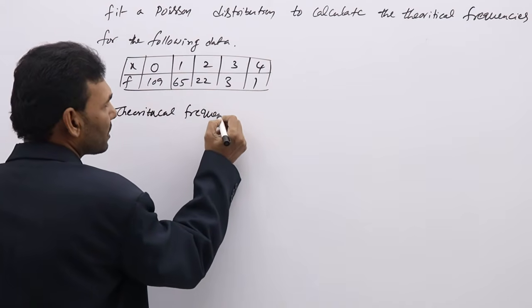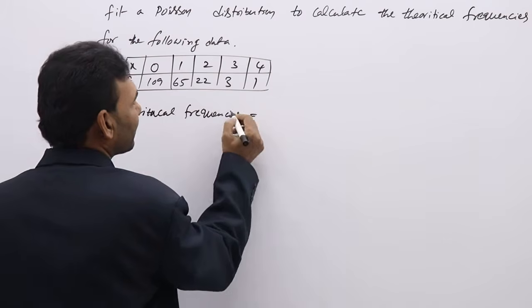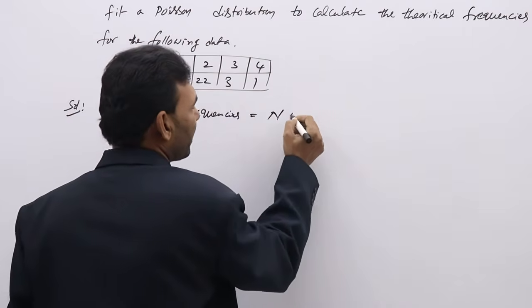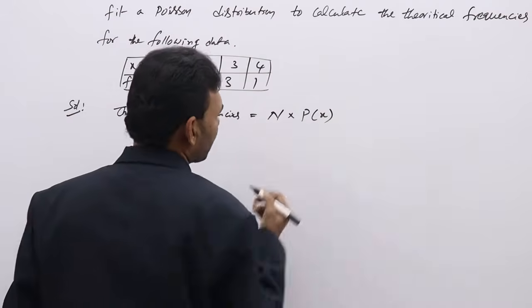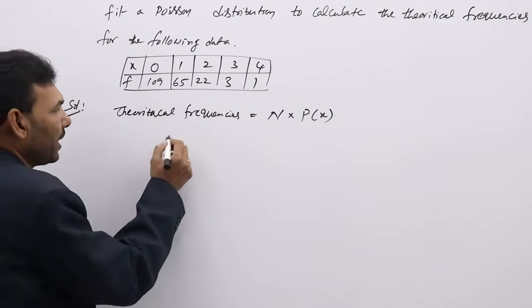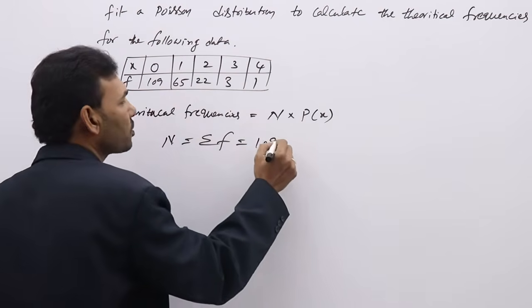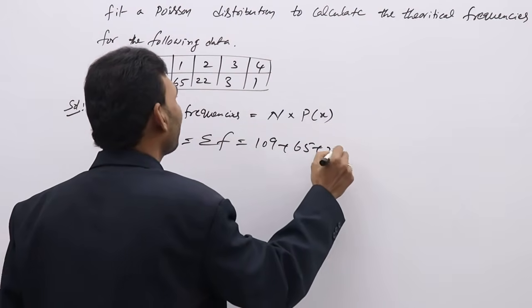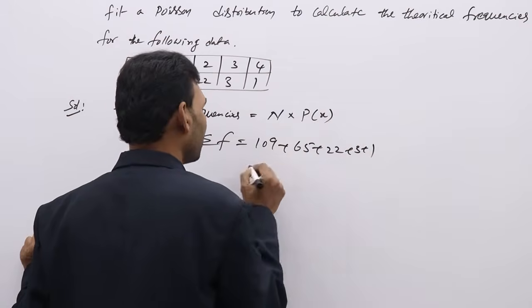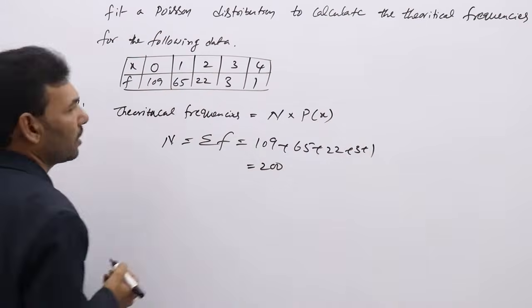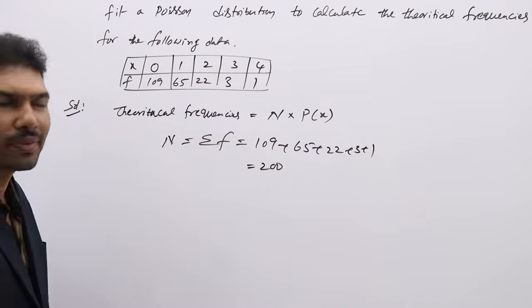Theoretical frequencies will be calculated like this: capital N into P of x. Here capital N is the sum of frequencies. Sum of frequencies means you need to add the total frequencies, that you will get 200. You can check using calculator.